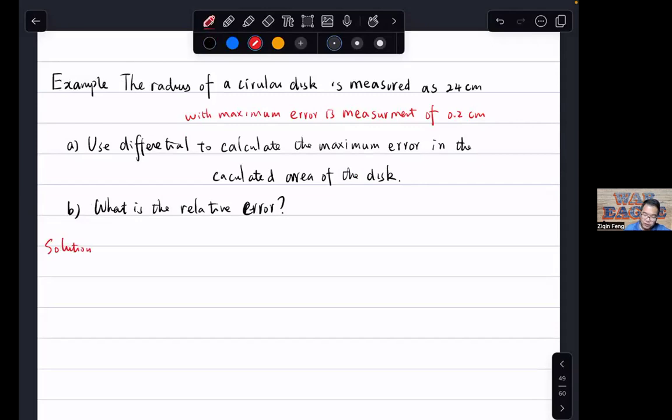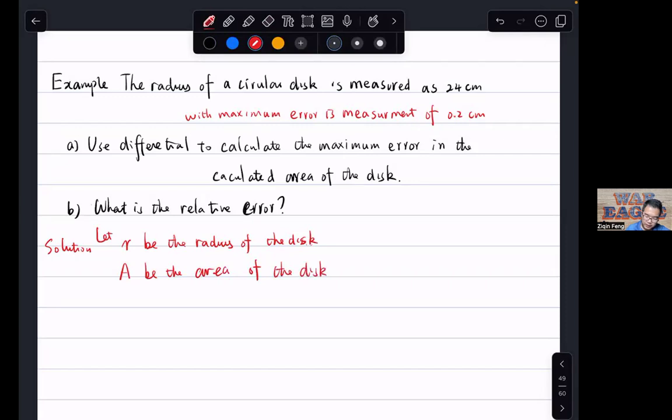Let R be the radius of the disk, and A be the area of the disk.